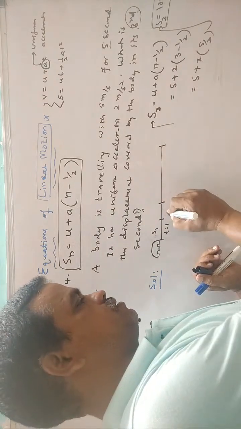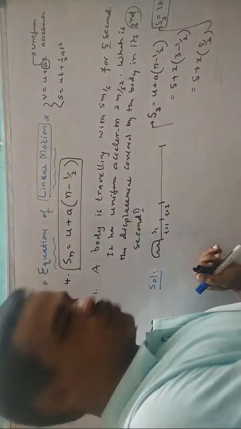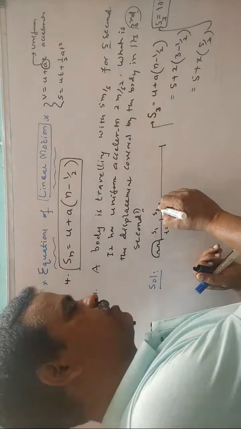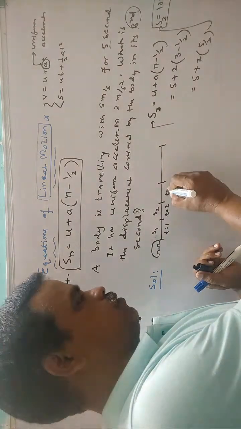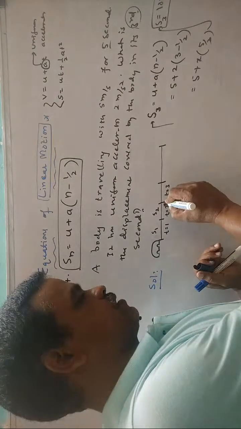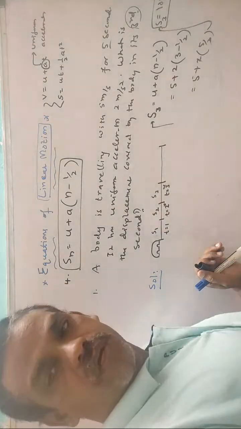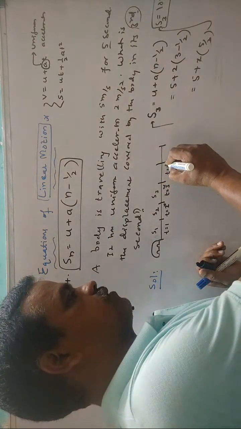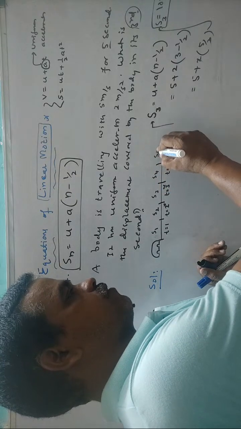Then at t equal to 2, that means the second second, the displacement covered is S2. In the third second only, the displacement covered by the body is S3. Then t equal to the fourth second, S4. T equal to 5, S5.